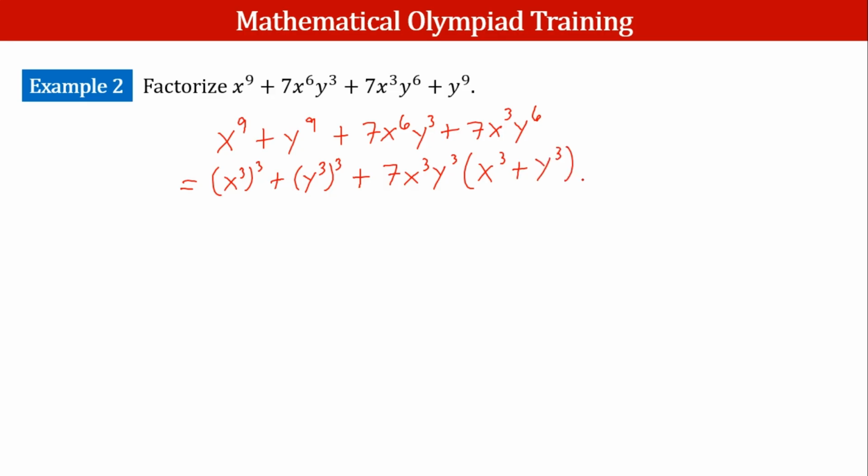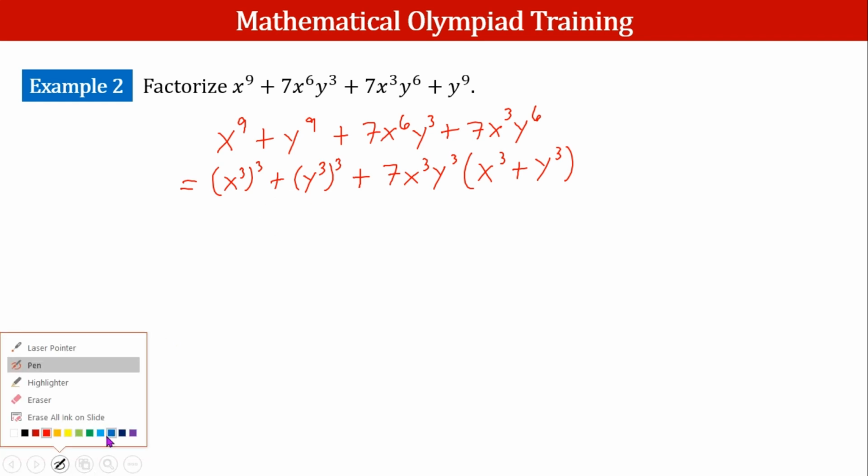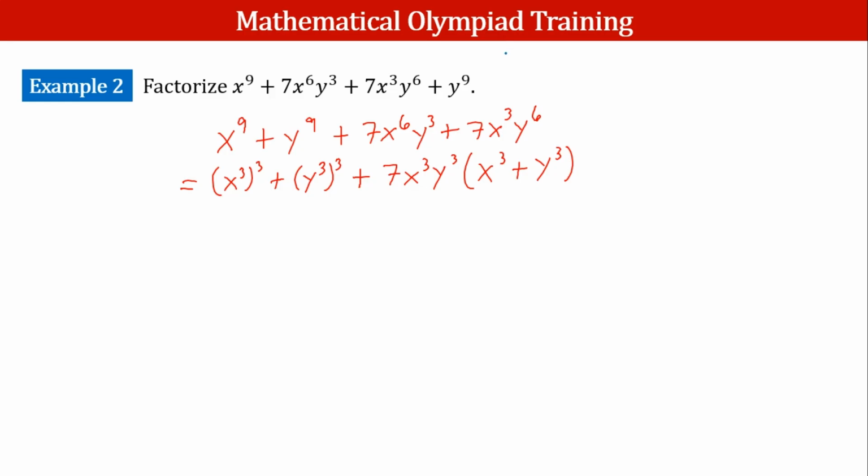Alright, now we can apply here the sum of cubes formula. Recall that the sum of cubes formula, I'll just write it on top, is a cubed plus b cubed equals a plus b times a squared minus ab plus b squared.